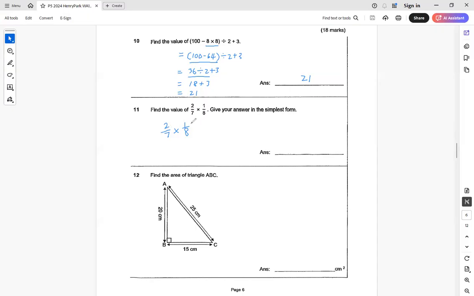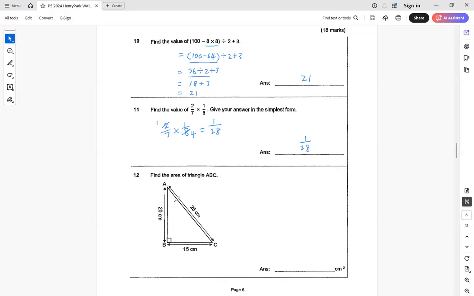That will make your calculation easier, so you don't have to simplify later. 2 and 8 both can divide by 2. 2 divided by 2 will give you 1. 8 divided by 2 will give you 4. Once you have simplified diagonally, you just multiply numerator times numerator, denominator times denominator. 1 times 1 will give you 1. 7 times 4 will give you 28. So our answer for question 11 will be 1 over 28.